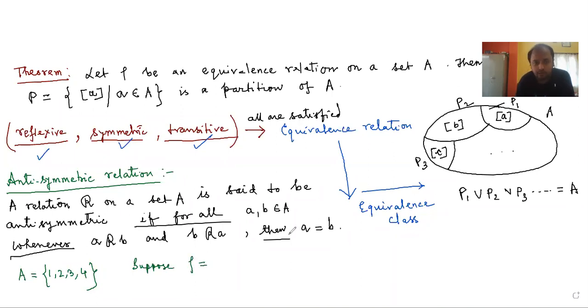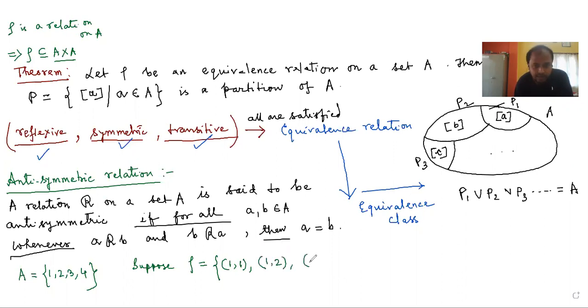And you know relation, for those who were not present in the last class, if rho is a relation defined on A, it means rho is a subset of A cross A. So rho is actually a set, a collection of ordered pairs. It's a binary relation. We are considering rho to be like this: (1,1), (1,2), (2,3), (3,4), and (4,4).